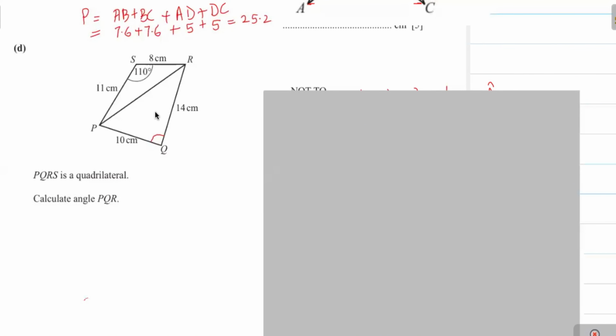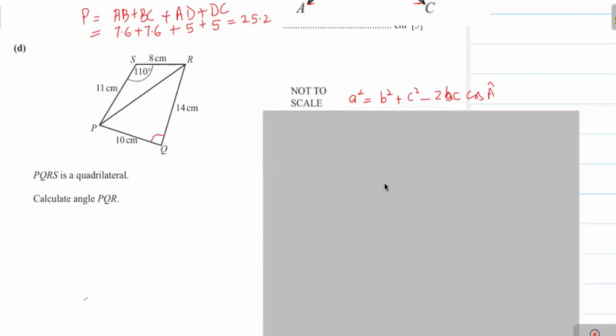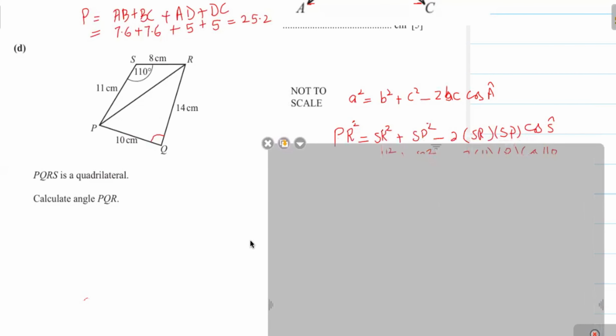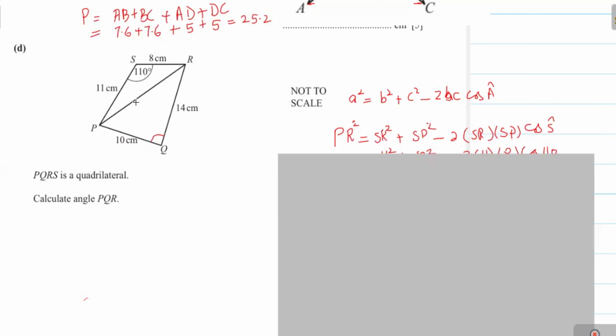We use the cosine rule to calculate this PR. Now the cosine rule, you know, is A squared equals B squared plus C squared minus 2BC cos A. Look here, this length is considered as A squared. We name it PR. This is B, and this is the length C. Now we substitute the values in this formula.